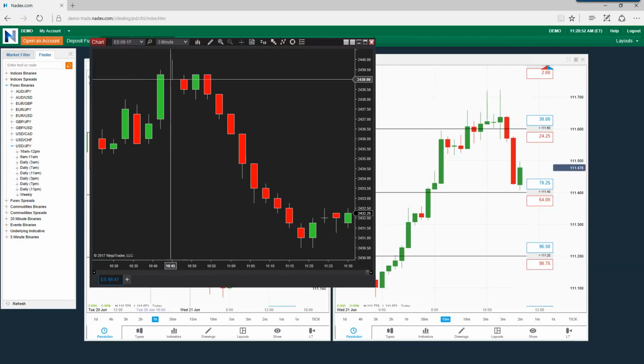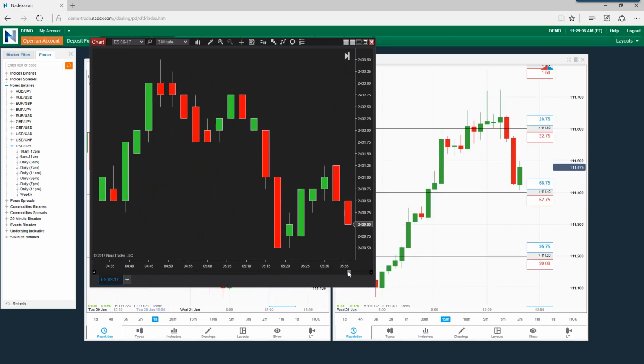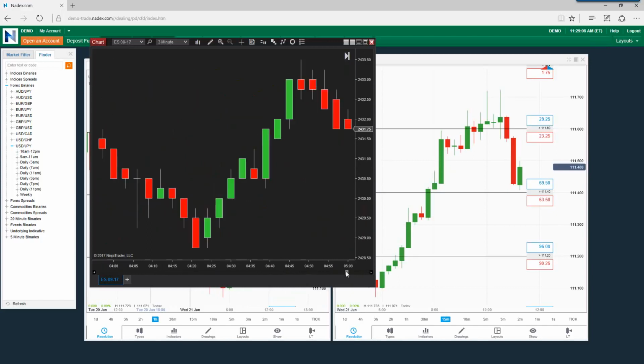So at 10:30, the opening price was 24.39, but the close of the previous bar was 24.39.25. Now, if you really want to see extreme cases of it, just look at the ES. Usually overnight, you'll see a lot of gaps in price. See, here's one here. This one closed at 24.31, but it opened at 24.31.50.